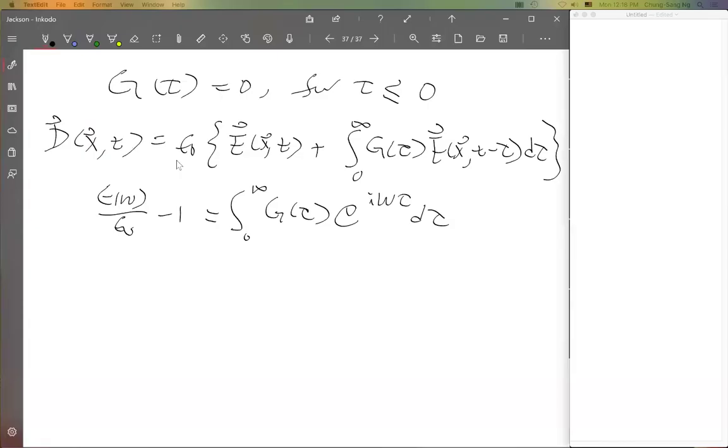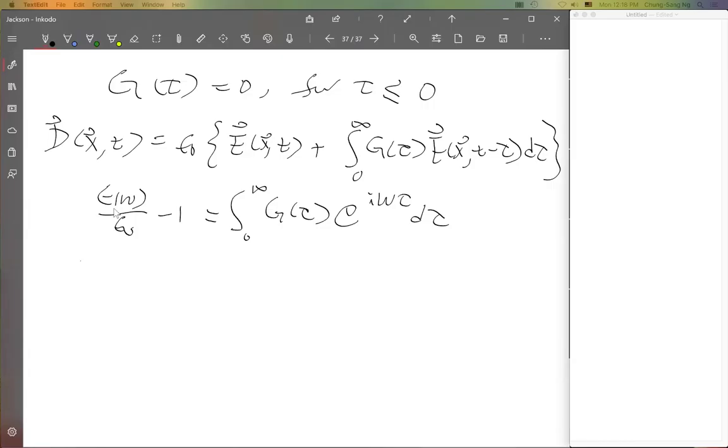G by this relationship, because this relation is in the physical space, D and E and everything is real, so G is real. Okay, so that will give you a constraint on this function.